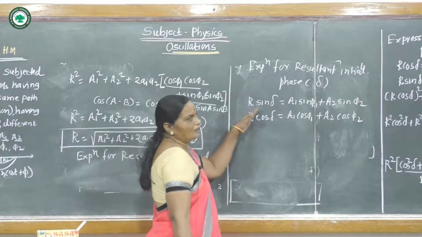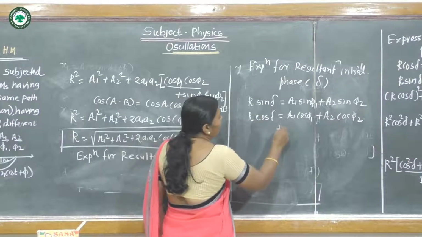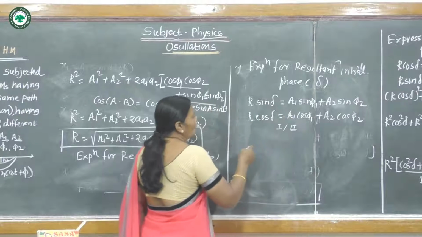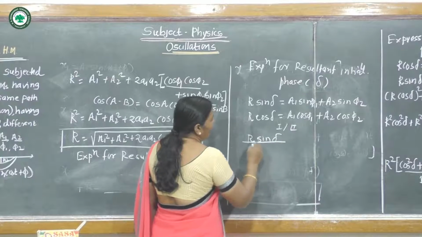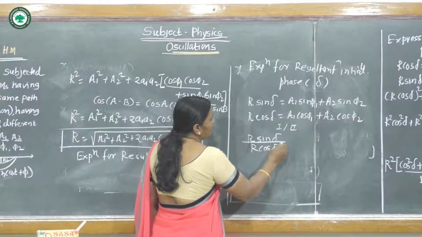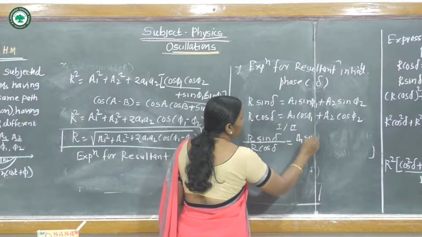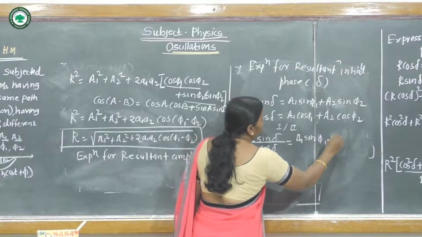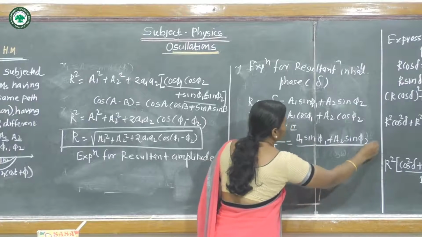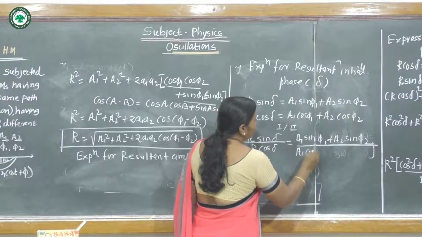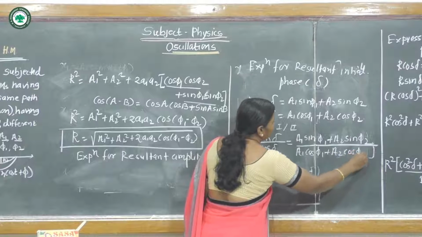Suppose this is equation number 1, and this is the second. Divide equation 1 by 2. We can write R sin delta divided by R cos delta is equal to A1 sin phi 1 plus A2 sin phi 2 divided by A1 cos phi 1 plus A2 cos phi 2.